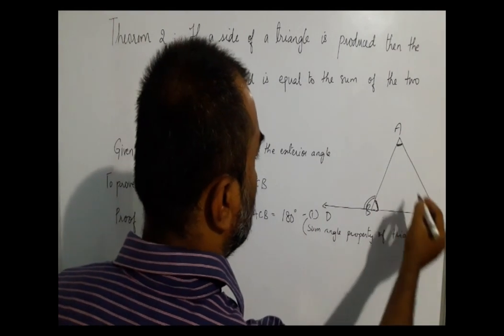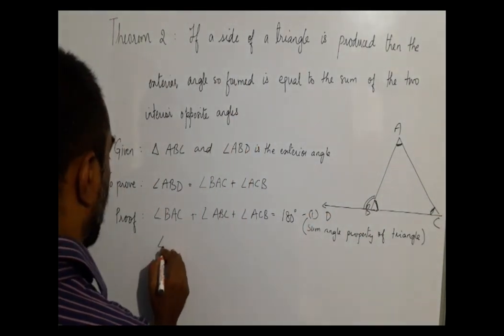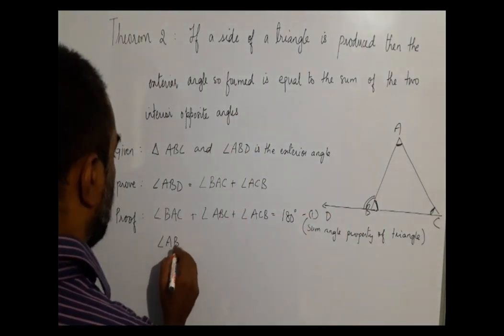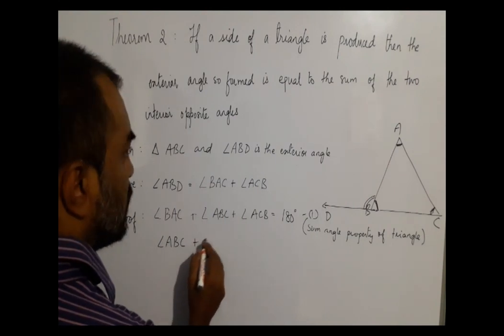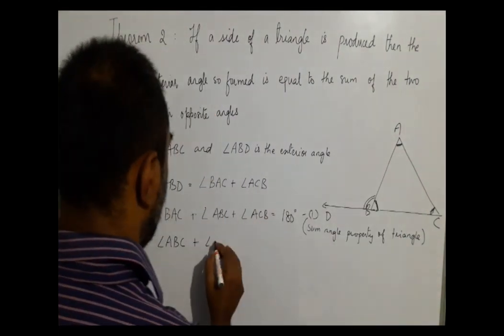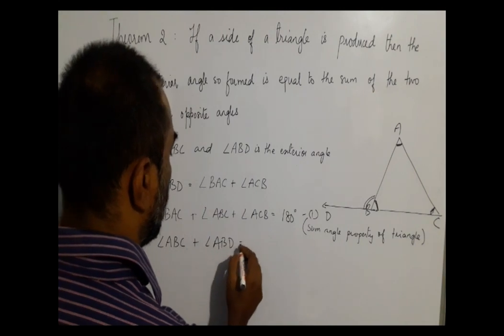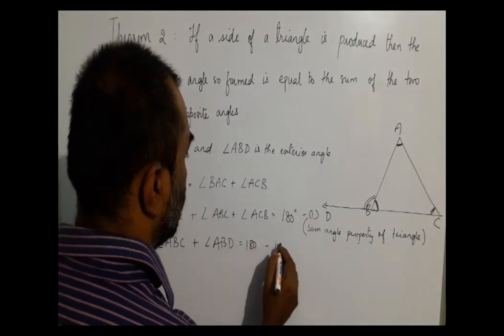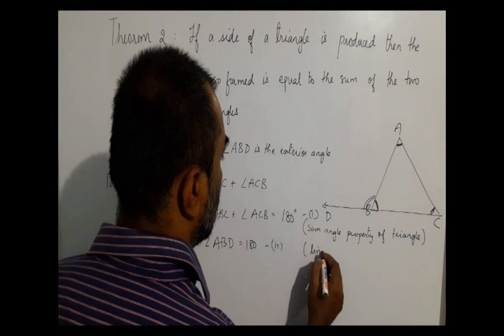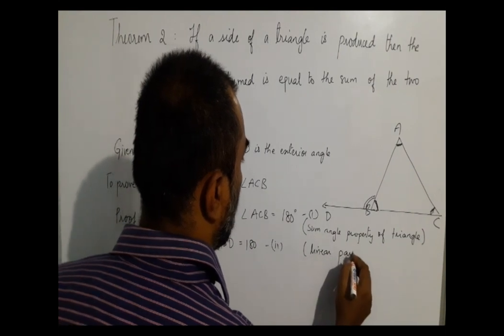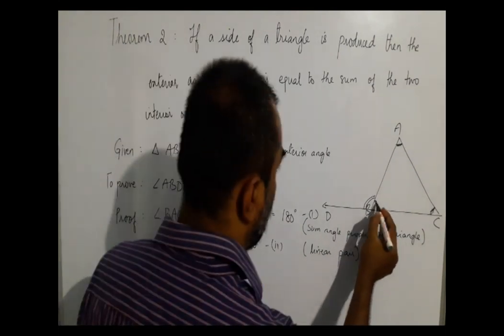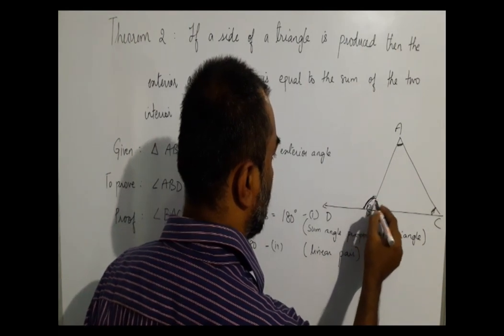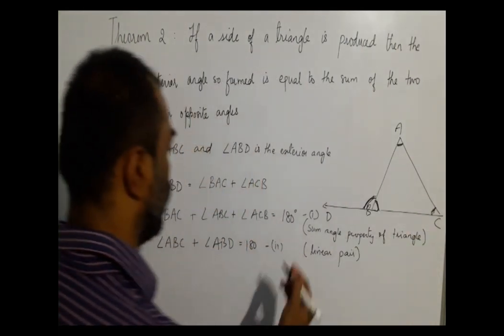Now angle ABC and angle ABD form a linear pair. Angle ABC plus angle ABD is equal to 180, equation 2, because they form a linear pair, right? So we have got this angle plus this angle equal to 180, and this angle and this angle also 180.